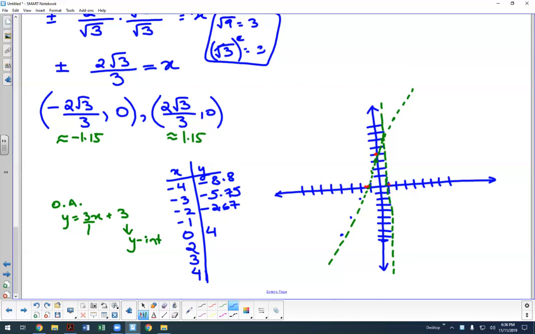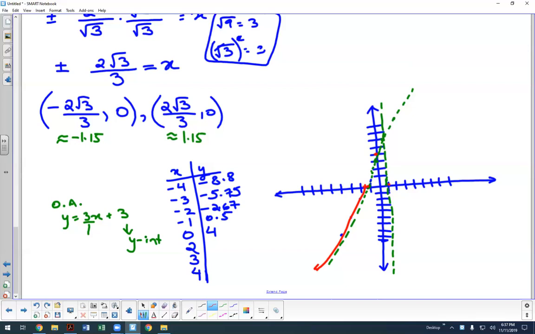For -1, yeah, 0.5. So -1 is now actually going in here. So this part of your graph, and I'm not sure how well this will show up here, you should be following along this oblique asymptote on this part.